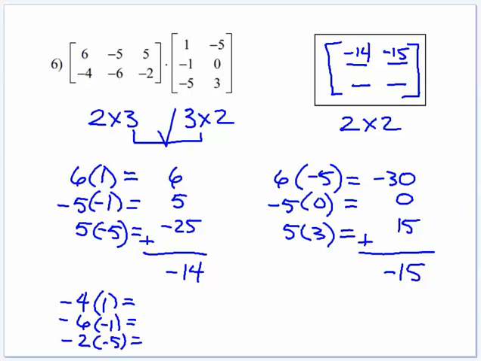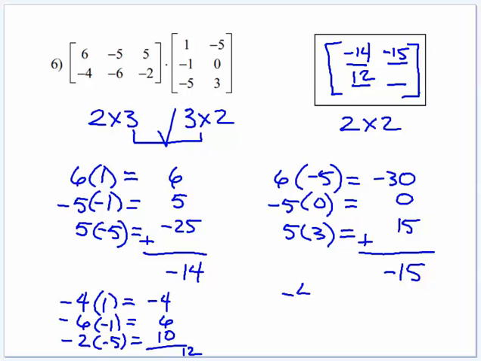Negative 4 times 1, negative 4. Negative 6 times negative 1 is positive 6. Negative 2 times negative 5 is positive 10. 16 minus 4 is 12. Positive 12 goes here.